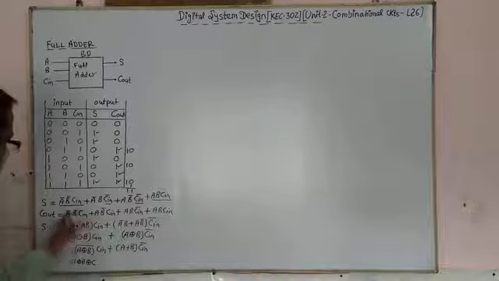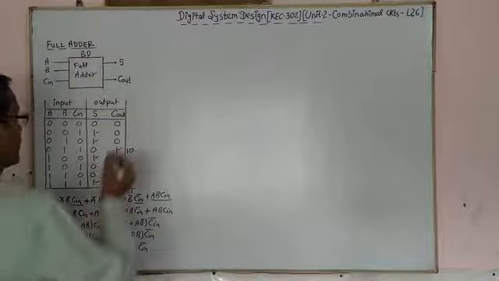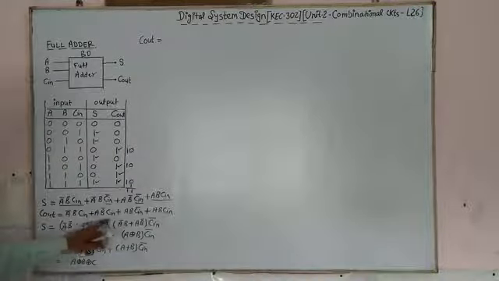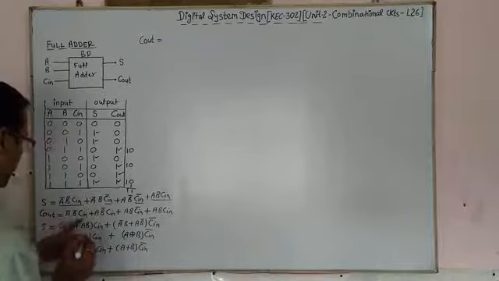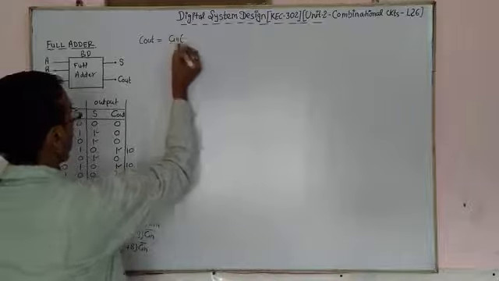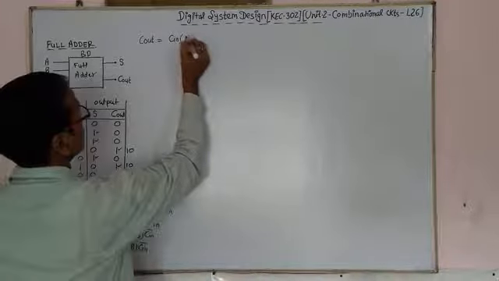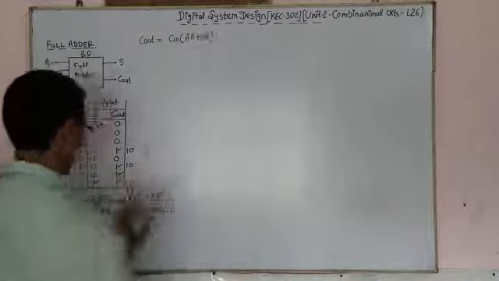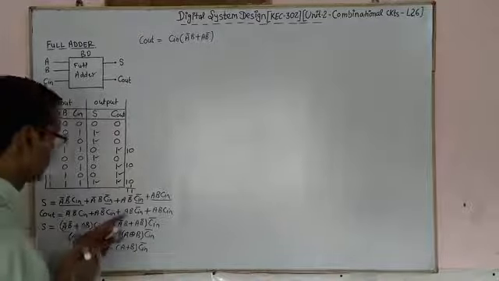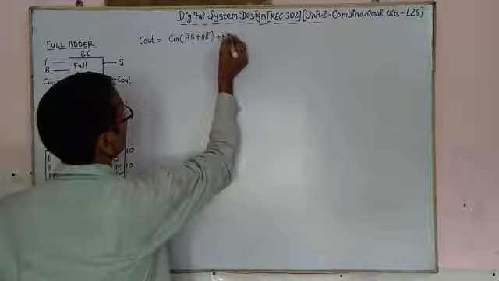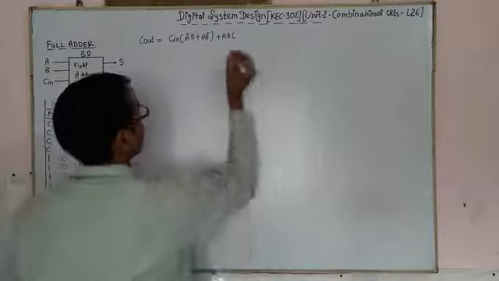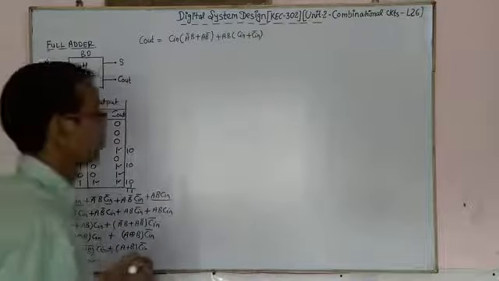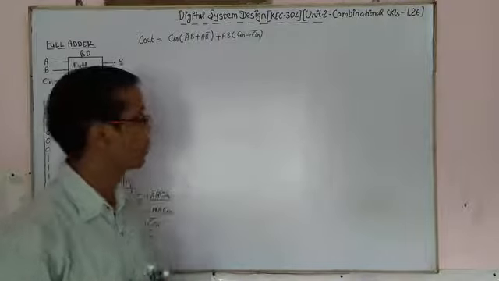Similarly, you can calculate the C output. Here we are taking C in common, then (A bar B plus A B bar), and now we are taking A B common, so we get in brackets C in plus C in bar, which is equal to 1.